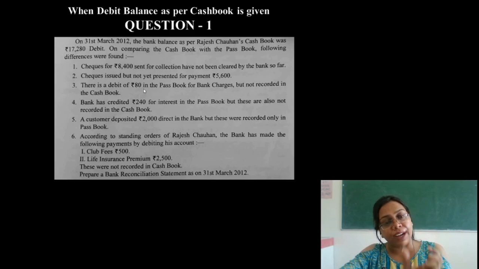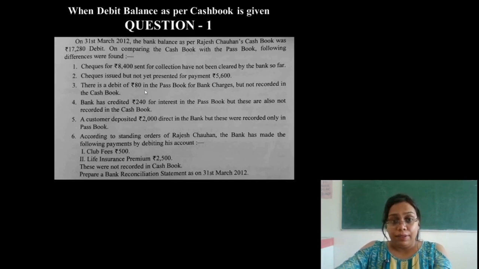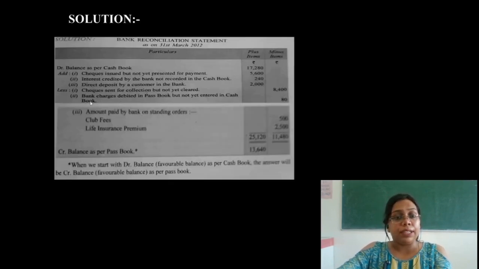While deducting this rupees 80 from my cash book, we will deduct it from the BRS as well. Bank charges debited in the passbook but not yet entered in the cash book. We will write this rupees 80 in minus items.